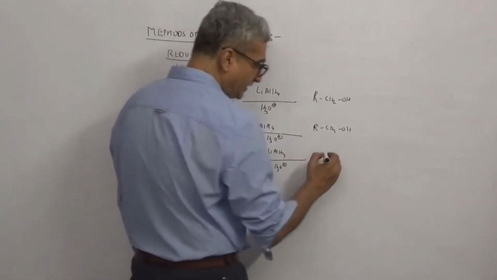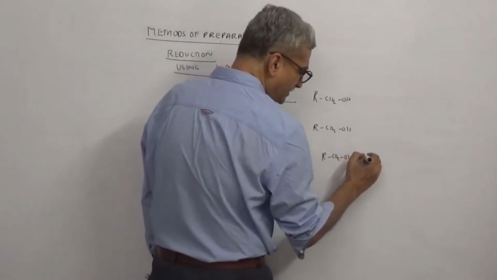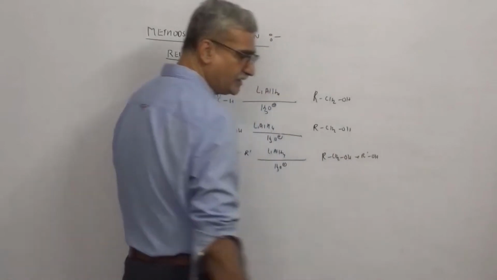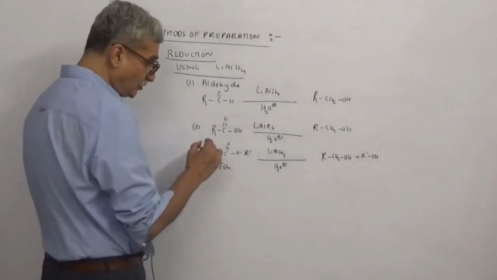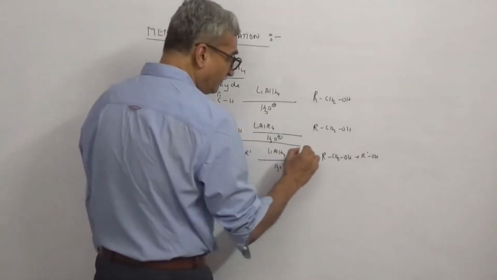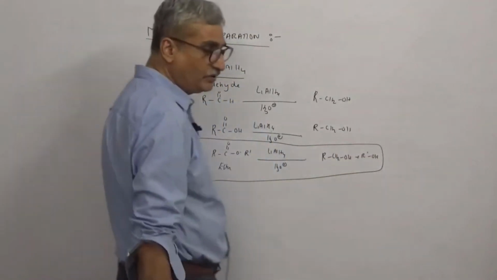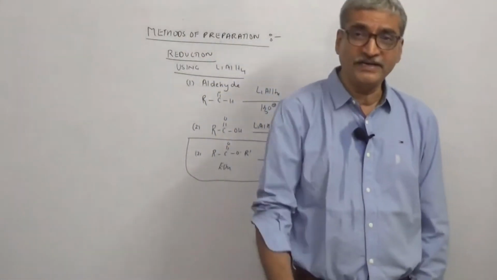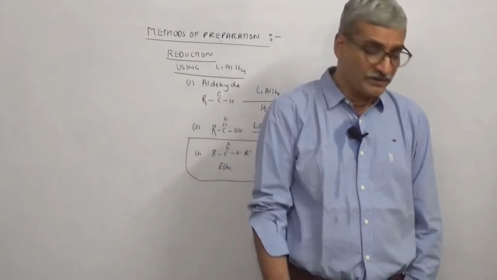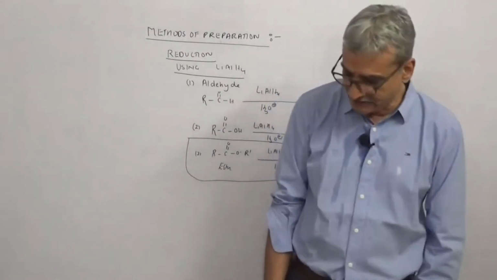You will get RCH2OH plus R'OH, so you will get alcohol. Whenever we have a raw material as carboxylic acid, we know we can't reduce it directly, so we preferably convert it into an ester and then reduce the ester. Is this point clear? That makes things easy.